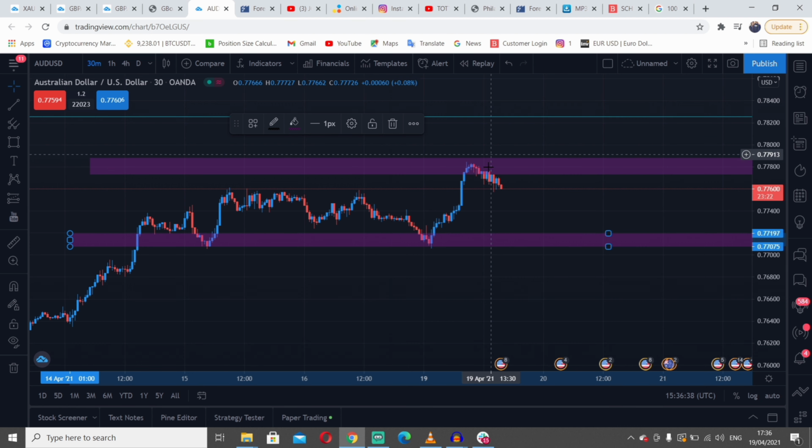And the reason why I trade from these levels is that every time I saw myself taking trades within this range, I didn't know exactly where price was going. So probabilities were always against me. And as you can see from here earlier on, it looked like price was going to continue going up. But all of a sudden, once it got into this range, it started ranging, and then it went back down.